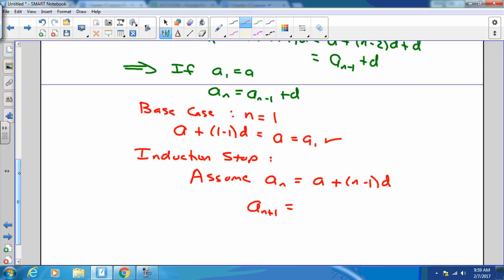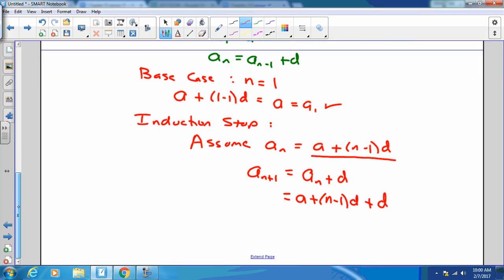So we start with the recursion relation, which is the given thing right here, and we see that A sub n plus 1 has to equal A sub n plus D. And we can now substitute our induction hypothesis, which assumes that A sub n has the right form. And when we substitute our induction hypothesis, then lo and behold, we get A plus n minus 1 times D plus D is n times D.